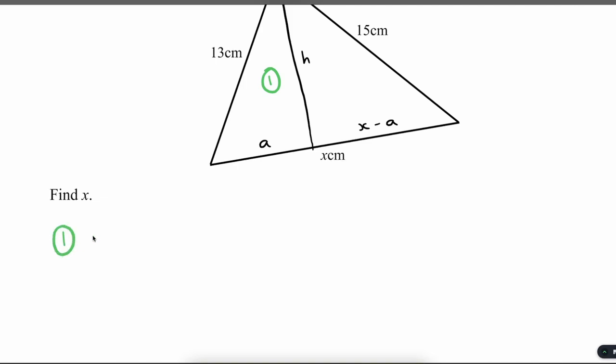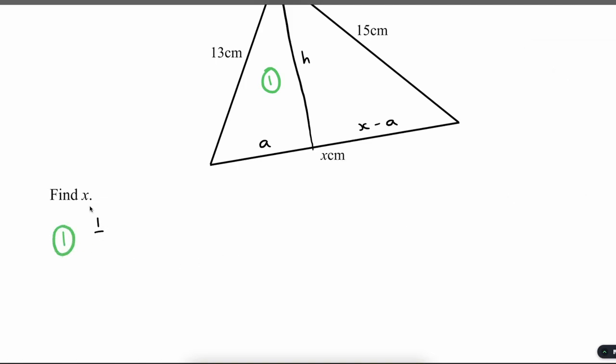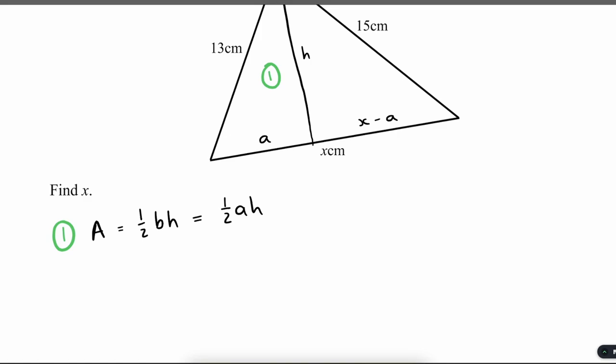For triangle 1, we've got area equals half base times height, which is going to be a half of A times H. And then for triangle 2, area is the same thing, half base times height, and we've got half base is x minus A, and then height is H again.